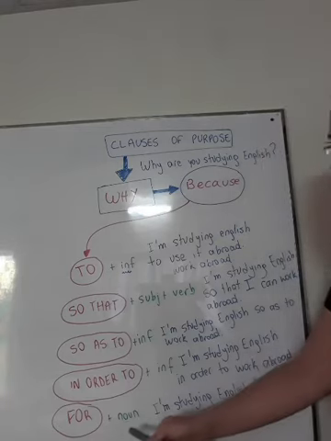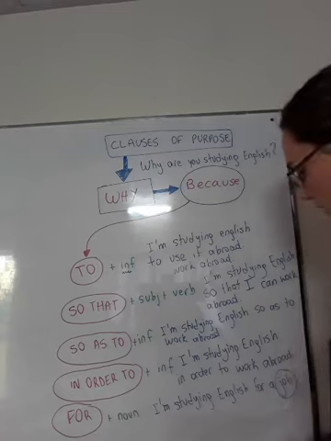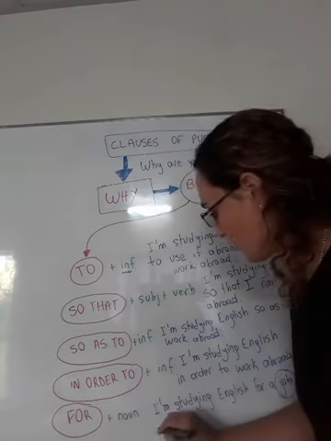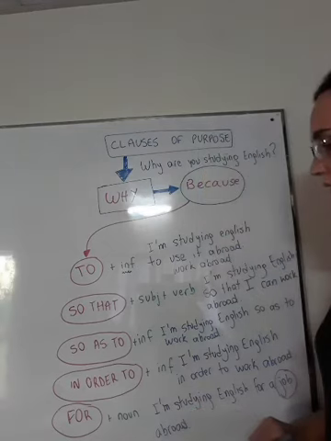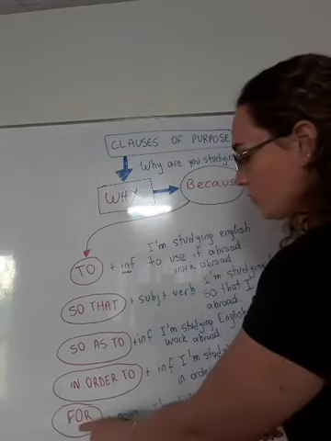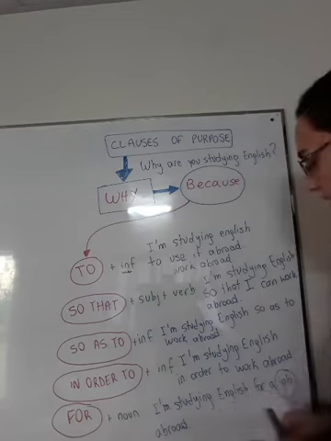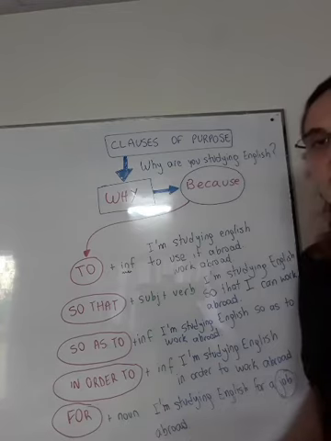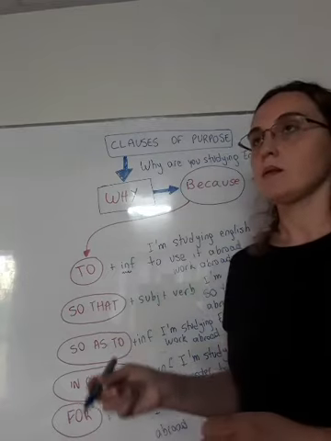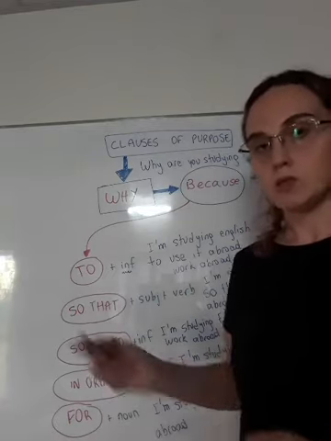Because job is a noun and I need the noun here. So, for a job, abroad. Or remember that if you want to use a verb after for, we always use the verb plus ing. So I could say for working abroad. In that way, I'm transforming the verb into a noun. Okay?